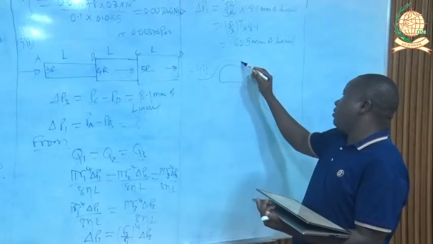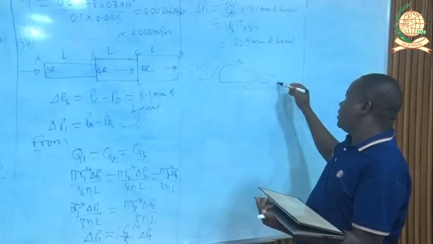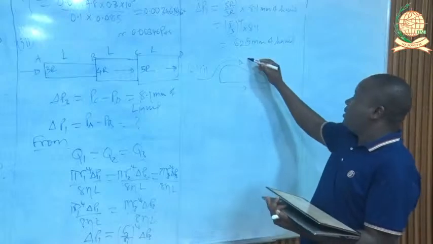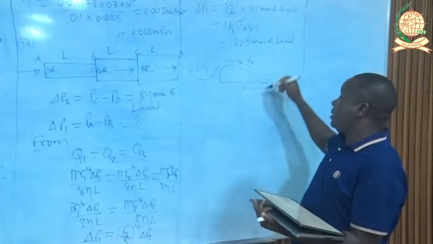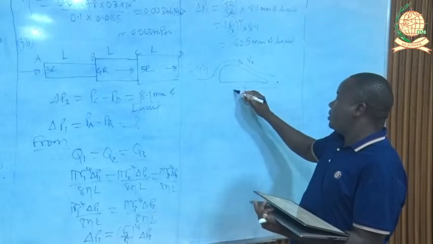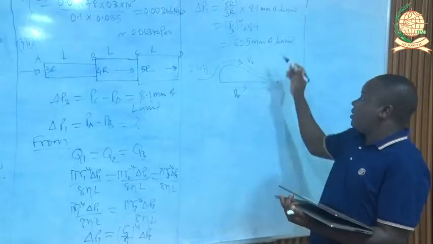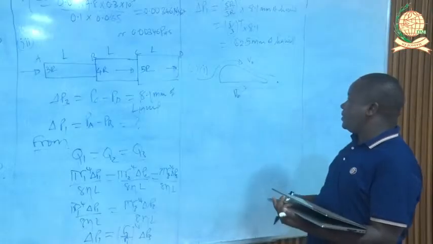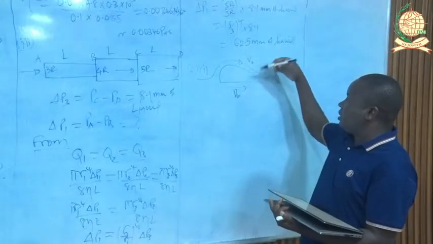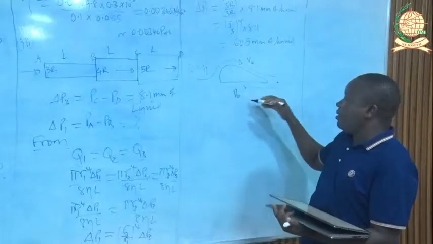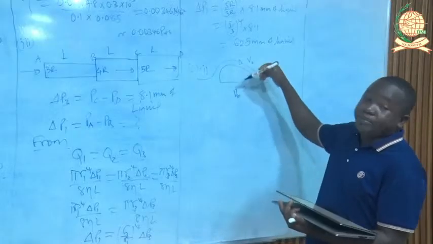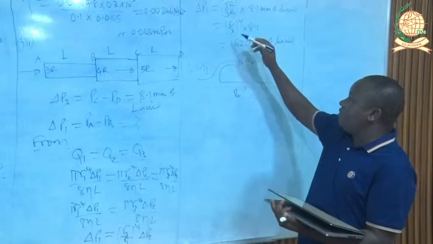Because they have to reach this point at the same time, the velocity upper must be greater than the velocity below. Because of this difference in velocity, the pressure will also be different, and the difference in pressure will generate an upward lift force.